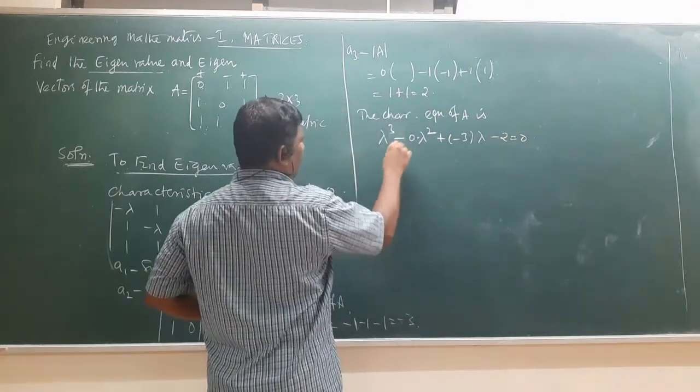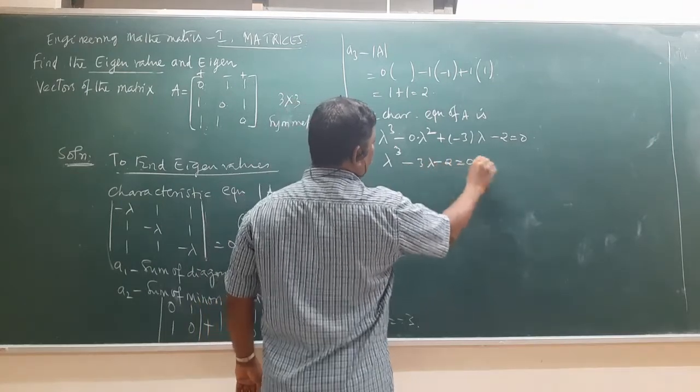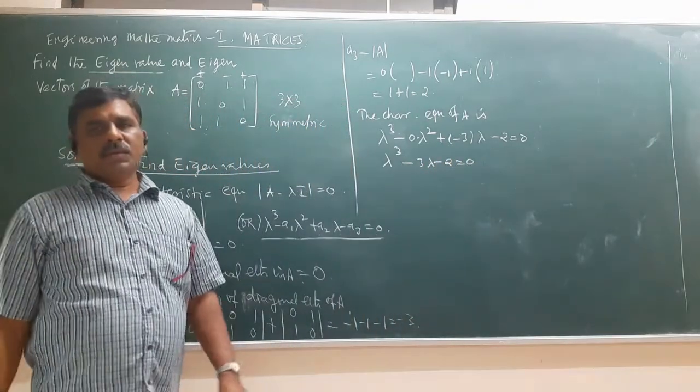So what do you get? Lambda cube minus 3 lambda minus 2 equal to 0.